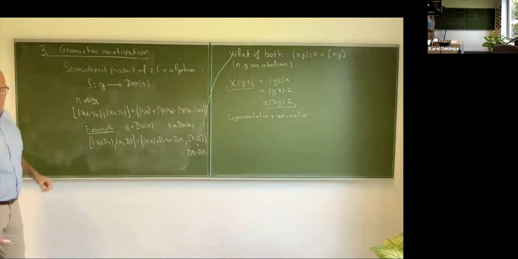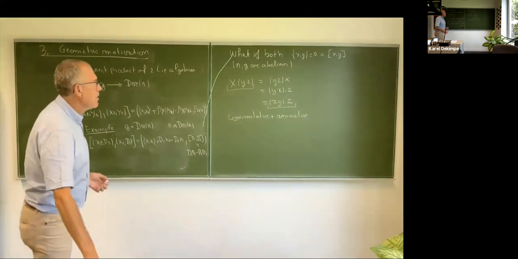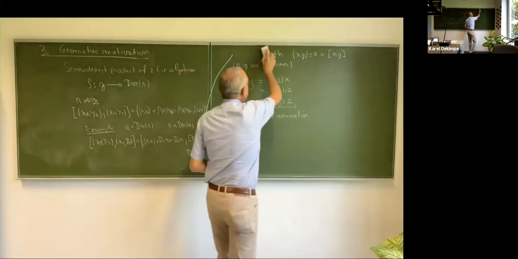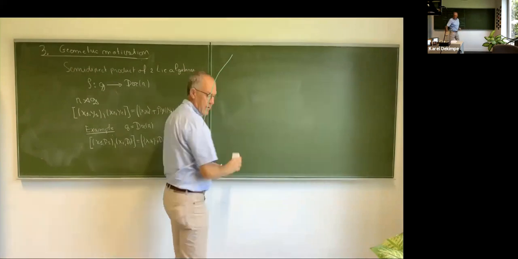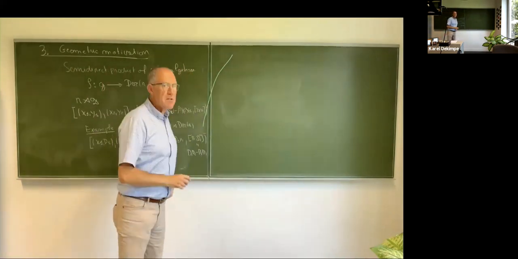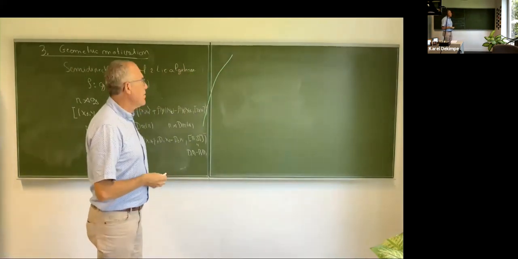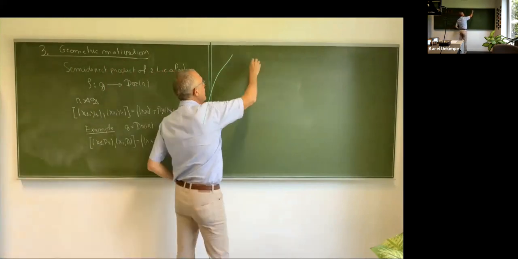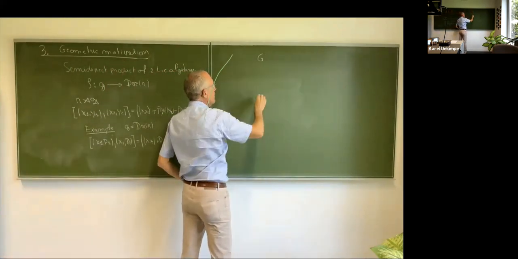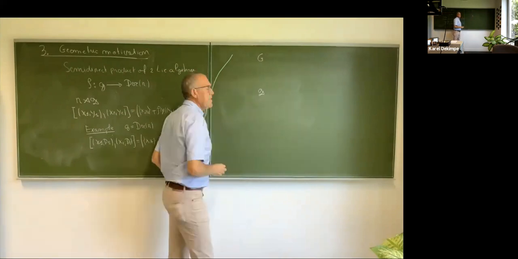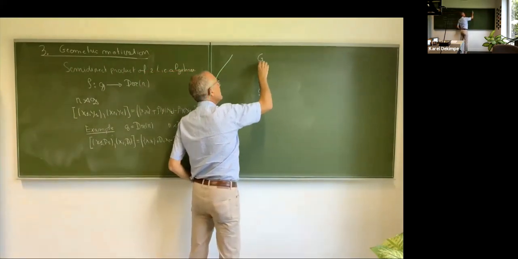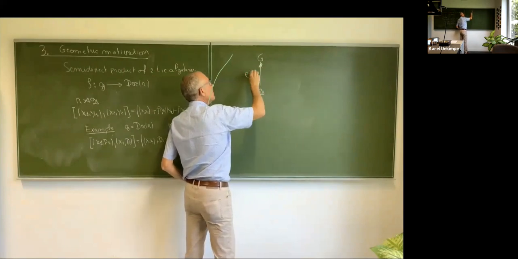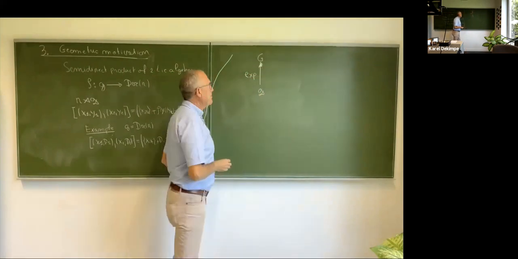So this is the first thing you should know. And the second thing you should know a little bit is, well, I hope that you all know that Lie algebras and Lie groups are related to each other. If you have a Lie group G, there is an associated Lie algebra, small g, and there is also a map from the Lie algebra to the Lie group, which is called the exponential map.